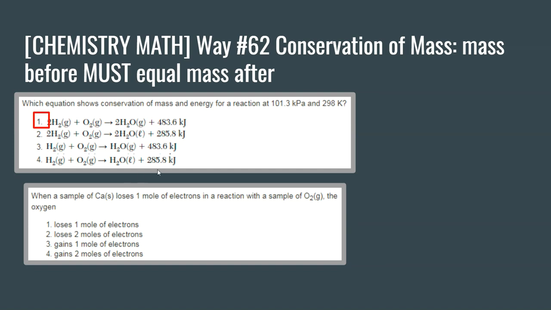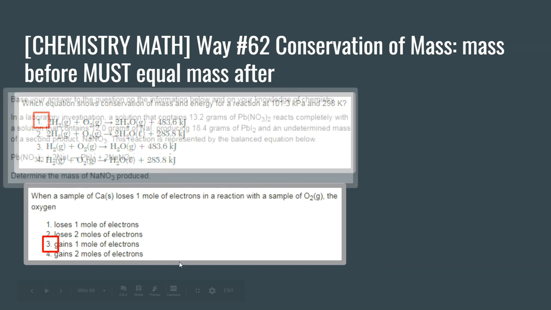They must react with the other reactant present in the chemical equation. So if calcium is losing 1 mole of electrons, those must be gained by oxygen in order for mass to be conserved in this chemical reaction. Otherwise, mass would not be conserved. So answer choice 3 is correct.